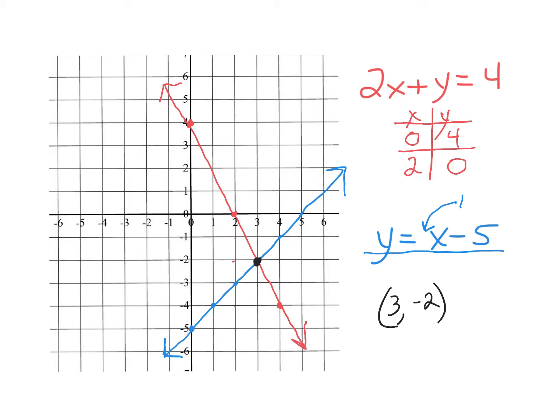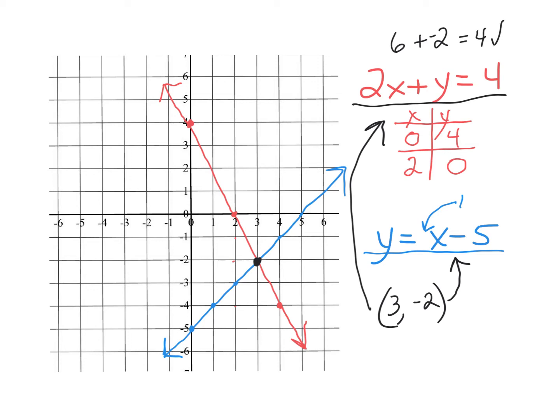So I'm going to put (3, -2) into that equation, 2x plus y equals 4, and make sure that that works. I'm also going to put the point (3, -2) in for this equation. If I put it in for that top equation, 2 times 3 gives me 6, 6 plus negative 2, yes, that does equal 4, so it does work for that equation.